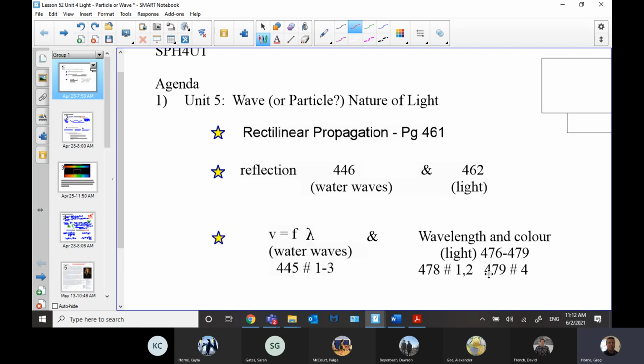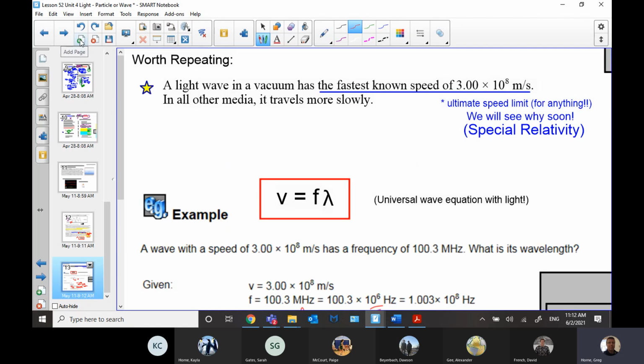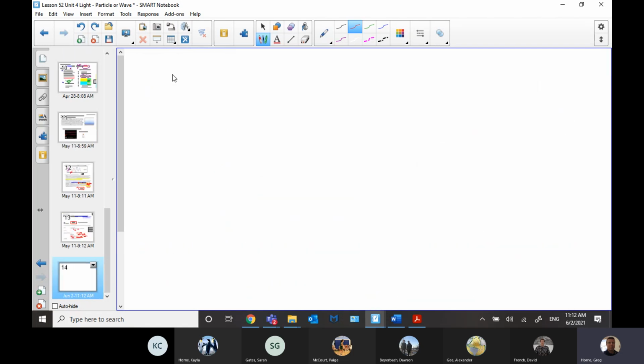Some things that I should remind you of with this. A couple of things. One, I'm going to say a plus reminder or recall, that the frequency of a wave once created doesn't change.